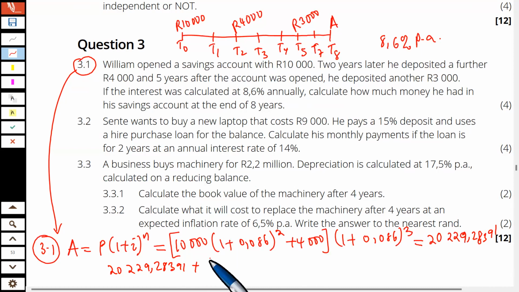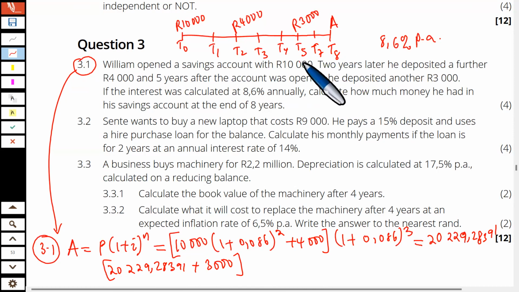Another amount of money is added to that, which is at T5, he deposits another 3,000, which therefore increases the amount of money in the account. But the 3,000 finds money in the account, and now it stays there. Then it must be subjected to interest for a further number of years from T5 to T8.